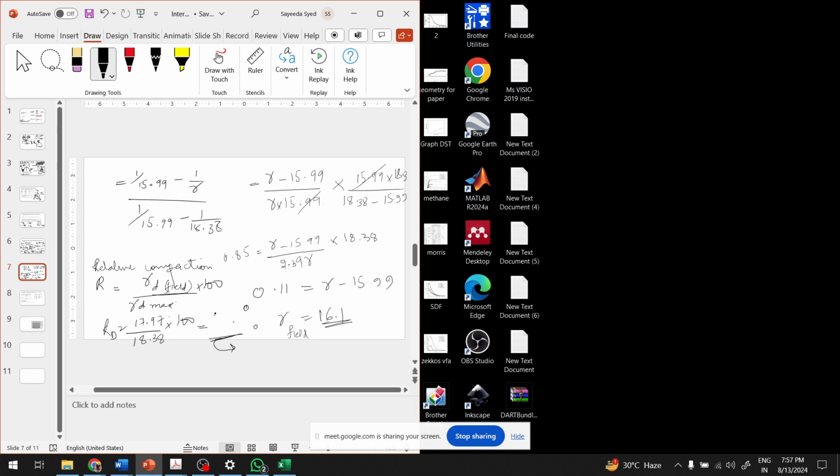So our relative compaction is 97.7%. So it is 97.7% compacted.